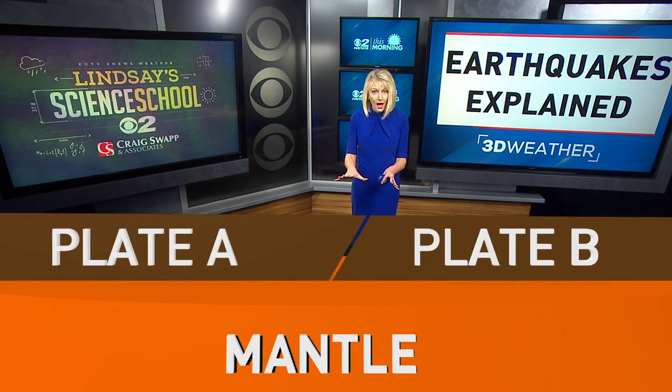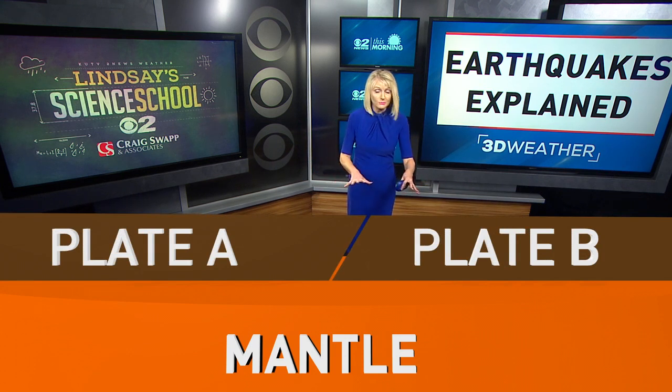To understand earthquakes, we've got to go deep into the earth. If you were to dig a hole and dig and dig and dig, you would eventually come to a place where you run into liquid rock. It's so hot underneath the earth's surface that it's liquefied that rock, and it's called the mantle. And so it's liquid down there.